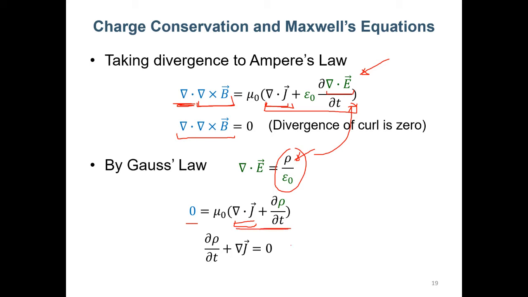And this is actually the conservation of charge, which means that in order to satisfy the conservation of charge, the Maxwell equation should look like this, but not other terms. Otherwise, if you add a third term, then it will violate the conservation of charge.